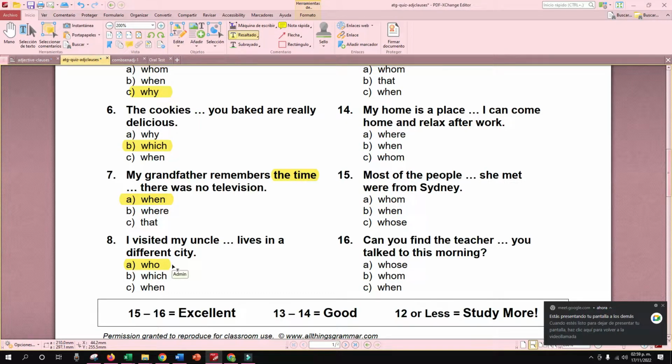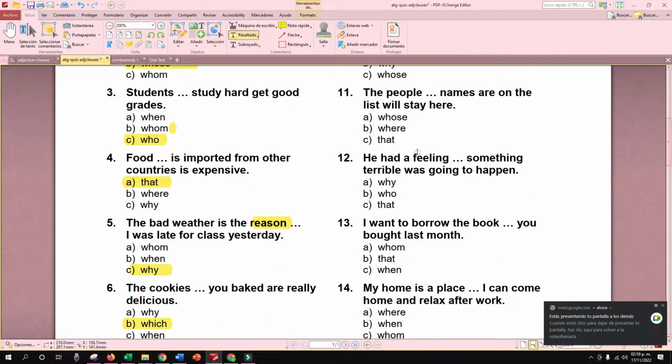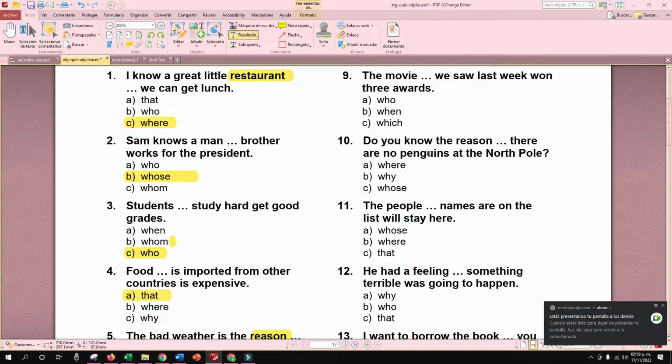Very good, Miss Tanya. Thank you. Excellent. What about 9? The movie we saw last week won 3 awards. Who, when, or which? That's 9, right? Which. Perfect. The movie which we saw last week won 3 awards.